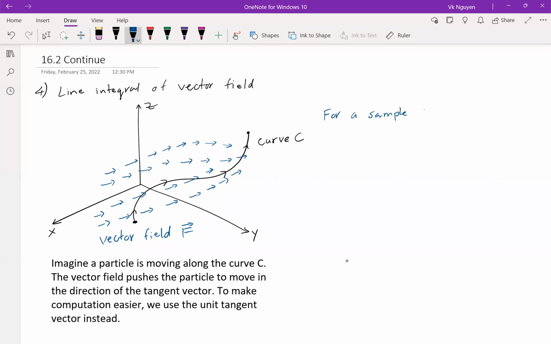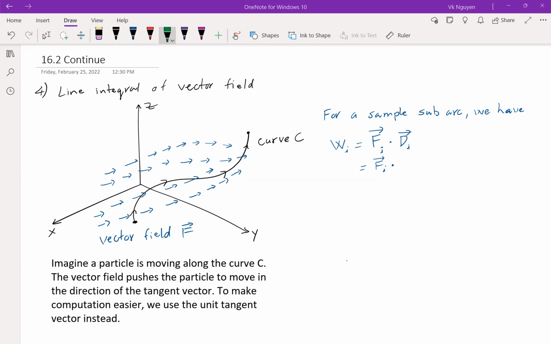The vector field is the force here. And what do we do here? We are moving a particle, so force dot distance. That is what we have here, but then we know force dot distance is the work.